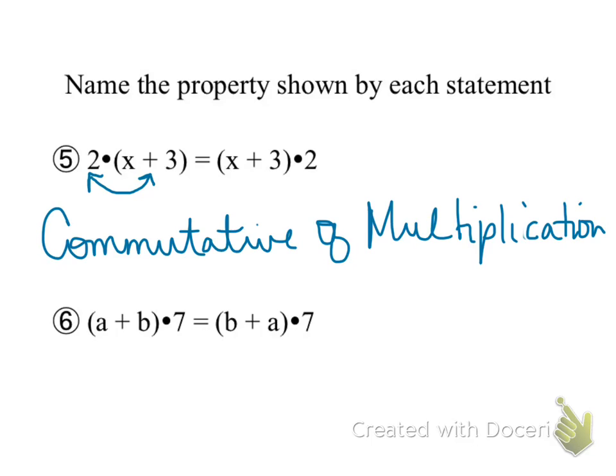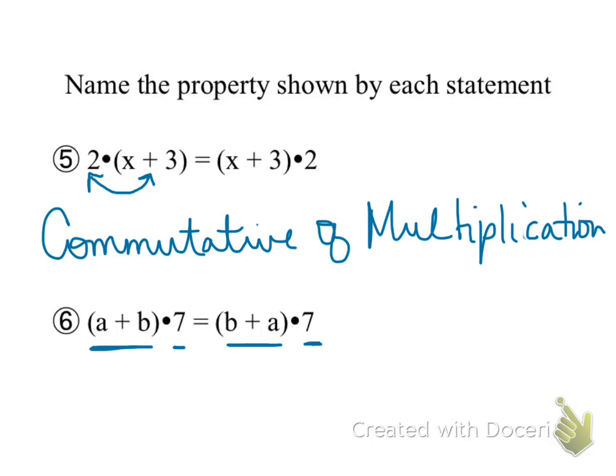In the example for 6, (a plus b) times 7 is equal to (b plus a) times 7. Notice that the factors have stayed the same. You have a sum times 7 and a sum times 7, so the factors did not change place. I look at the grouping symbols, a plus b, and even though they're in a different order on the right, it's still the same two addends, b and a.